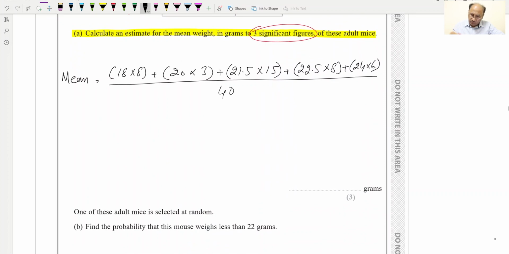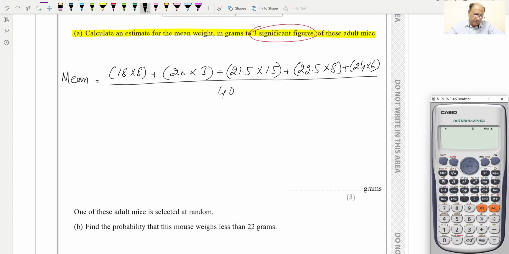Now this calculation basically we have to do, and this is in fraction we will write 18 multiplied by 8, plus next will be 20 multiplied by 3, plus next will be 21.5 multiply by 15 plus next is 22.5 multiply by 8 bracket close plus next will be 24 multiply by 6 and divided by 40.